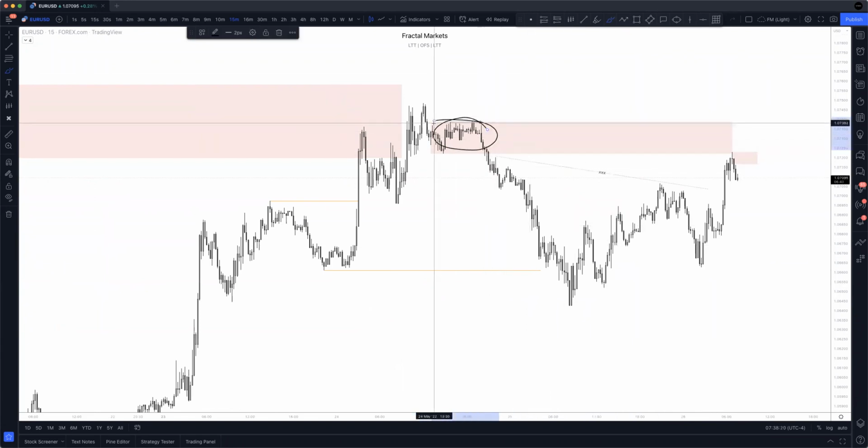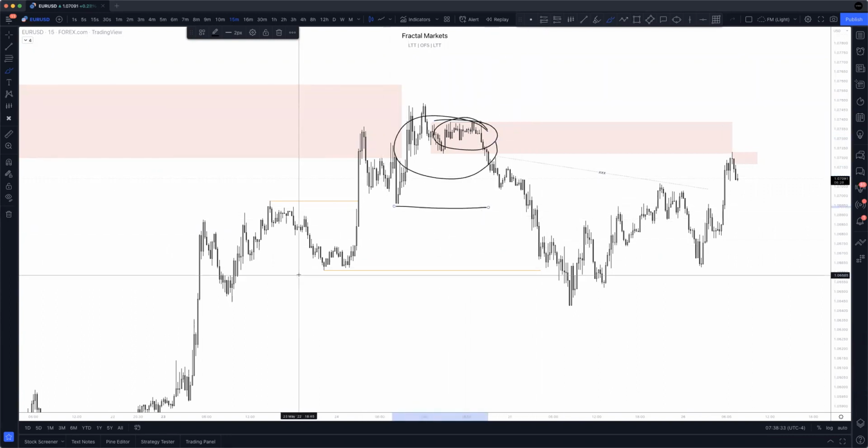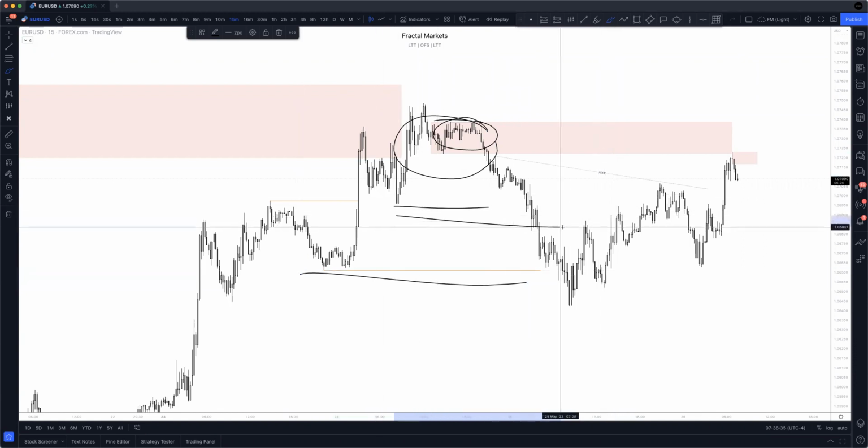So in this specific case, I'm not sure if VK is here or not, but we can reference him over to this video. POI must break structure. So does this POI break structure? It breaks structure here. It also breaks structure here, right? So this is the first internal bit that it breaks. And yeah, possibly call that like a swinging point.